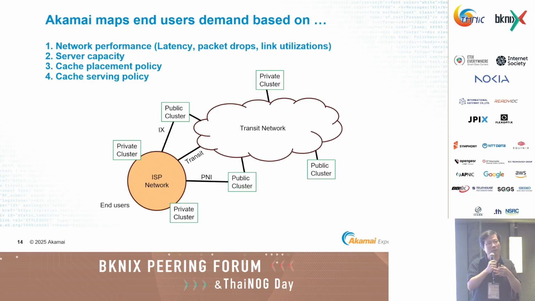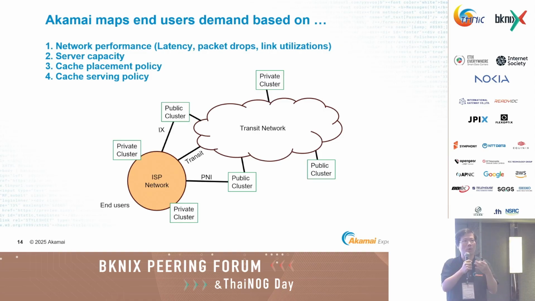And the cache placement policy means our content customers may choose to put their content in a specific country due to their own content policy. And then the third thing is the caching policy is also defined by our customer.